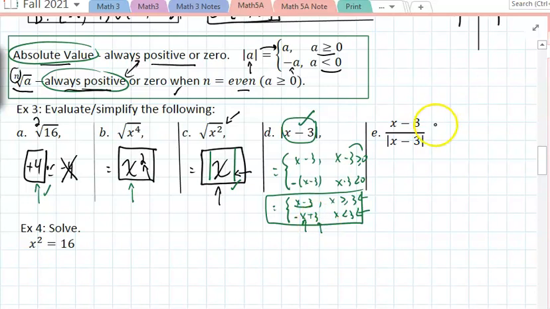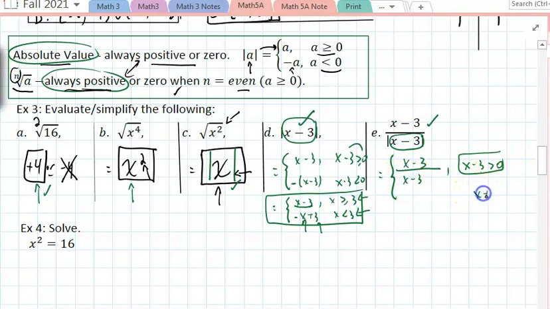And something that's going to come up in calculus is the combination of those. You're going to say, and you're going to be careful, if the inside is positive, I don't need the absolute value. What that means, the top doesn't have an absolute value. The top is x minus 3 no matter what x is. The denominator, if the inside of that absolute value is positive, then I don't need the absolute value.